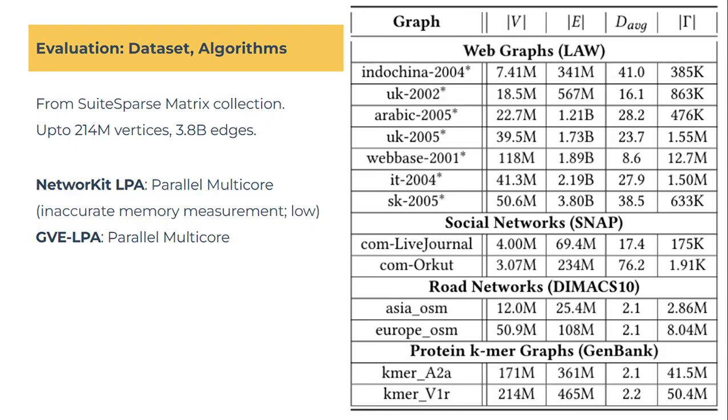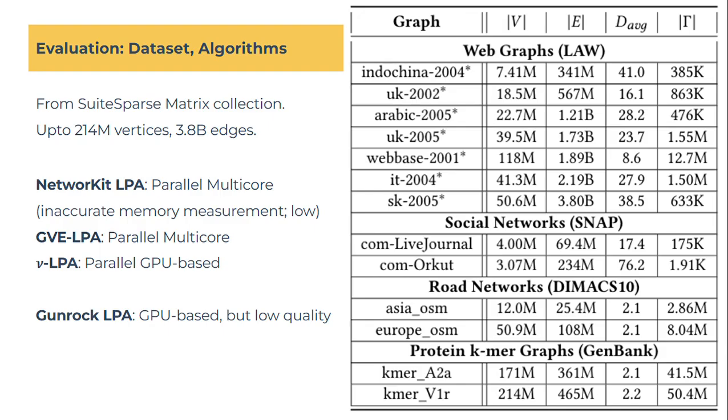We also compare with GVE-LPA, a parallel multi-core implementation, and νLPA, a parallel GPU-based implementation of LPA. We do not compare with Cugraph Louvain because it is obtaining low-quality communities for at least this dataset, and Cugraph Leiden, where we observe that it is 37 times slower than νLPA, although it does obtain communities of 10% higher quality or modularity.